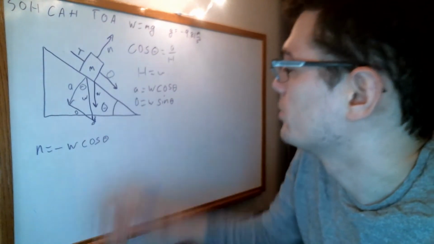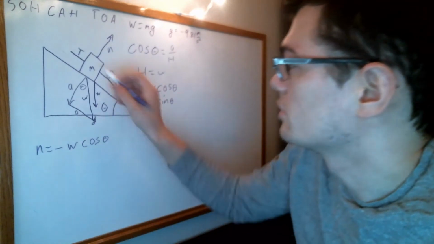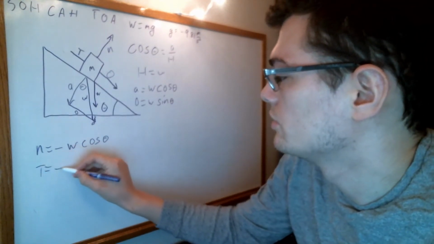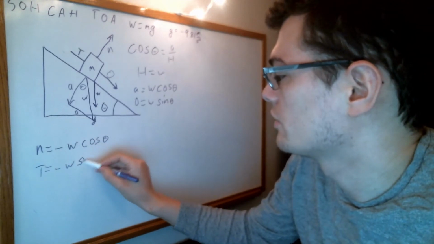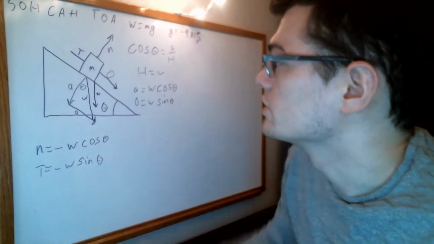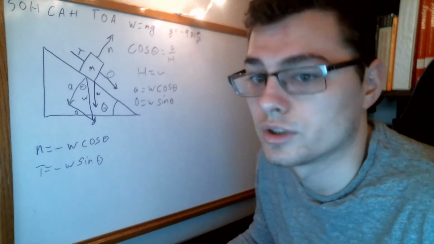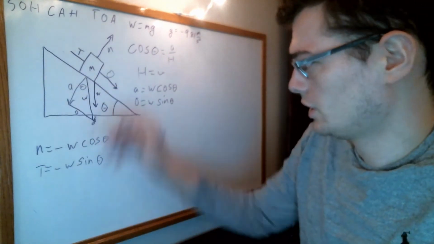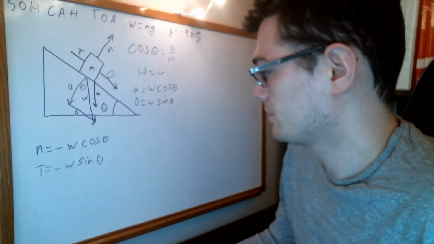And then the force that pulls this down is going to be the opposite tension, so then T is going to be equal to negative W sine theta. Because T has to be at least strong enough, or the rope has to be at least strong enough, to hold this block in place.